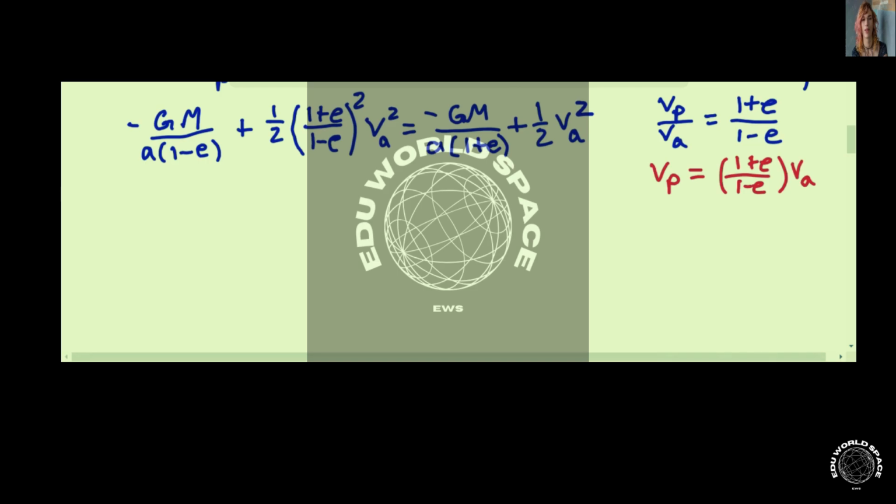And we're going to get the VAs on the same side, so it will be VA squared over 2 times all that business, 1 plus E over 1 minus E, which I'm going to go ahead and expand right now. It's 1 plus 2E plus E squared, that's 1 plus E squared.